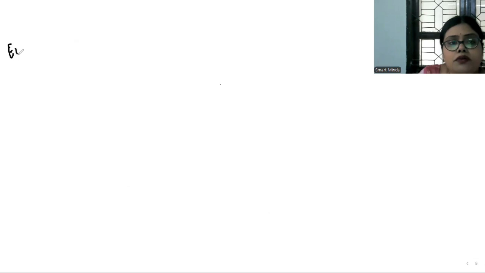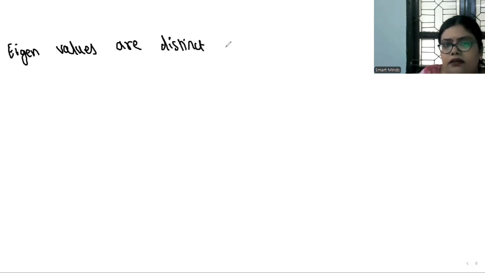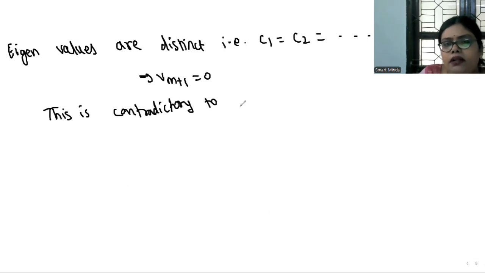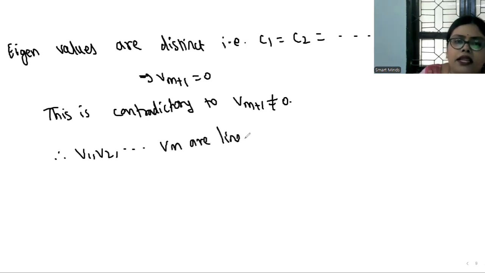Now, eigenvalues are distinct. Distinct means they are different. That is, C1 is equal to C2 is equal to so on up to Cm, and that is 0. That means Vm plus 1 is equal to 0. But this is contradictory, no? This is contradictory to which statement? To Vm plus 1 not equal to 0. Therefore, V1, V2, so on up to Vm plus 1 are linearly independent.